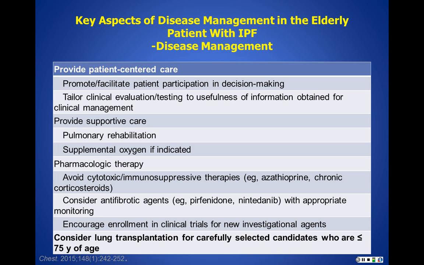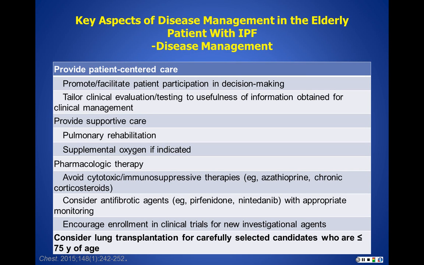This is the topic this article was meant for. This was published in Chest 2015. It says idiopathic pulmonary fibrosis in the elderly, and they summarized it in 3 slides here. I summarized in these slides. Promote and facilitate patient participation in decision making. Okay, supportive care. We talked about this.